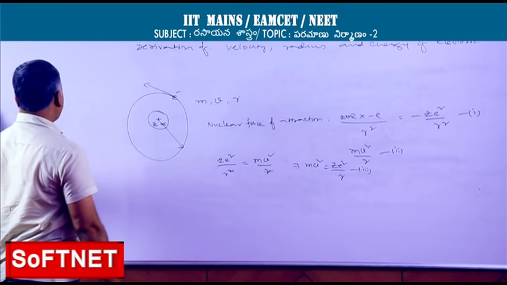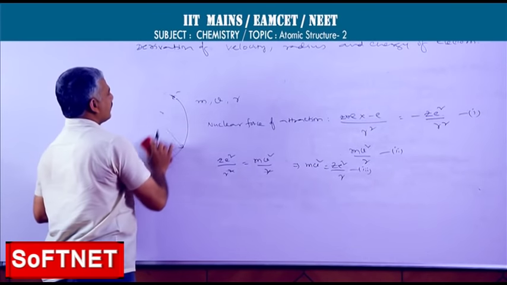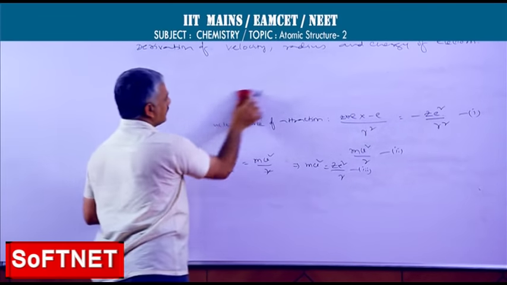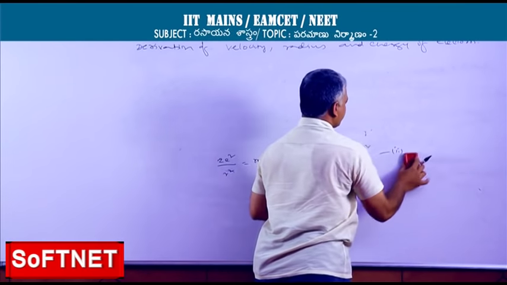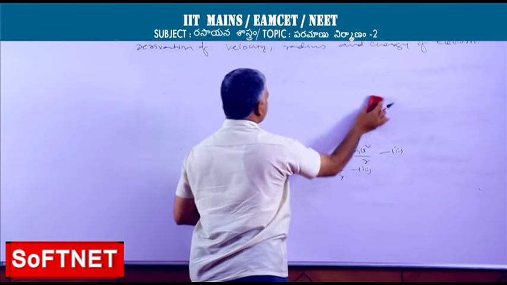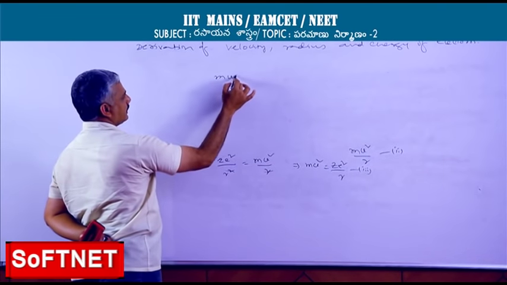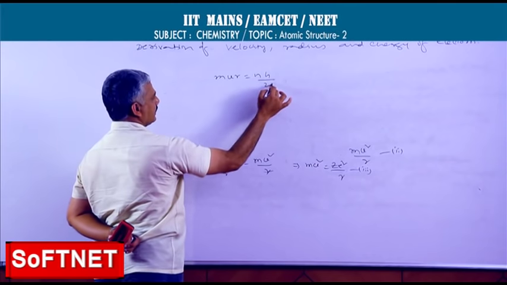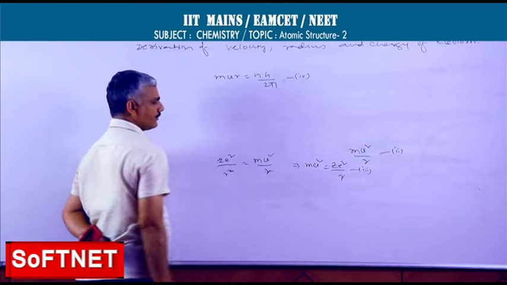Now, by making use of Bohr's atomic model, we will make use of the condition of quantization of the orbits, that is mvr is equal to nh by 2 pi. Let us call it equation number 4.